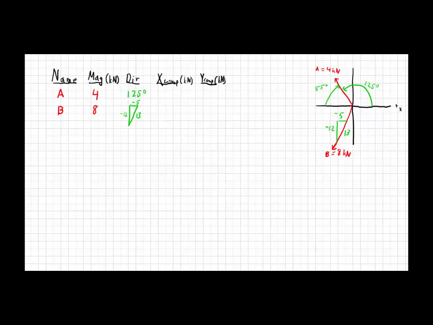Calculating out the components, we have AX equals A cosine theta A, 4 kilonewtons times cosine of 125 degrees gives us -2.29 kilonewtons. AY also uses trigonometry.